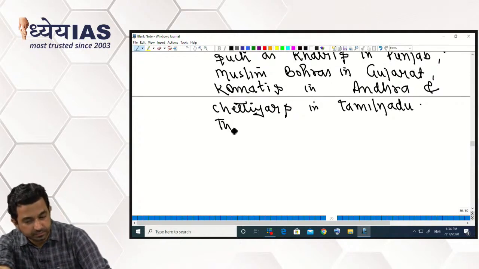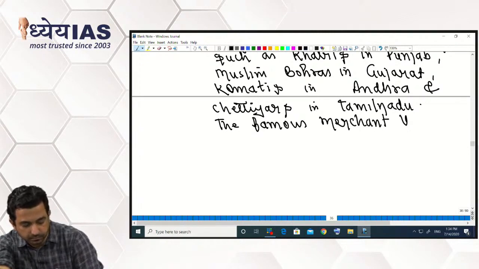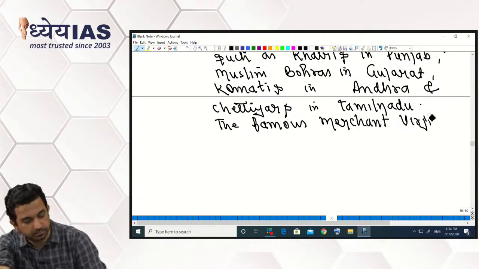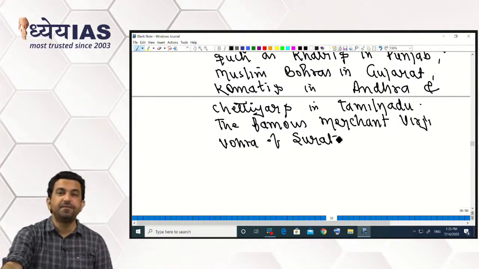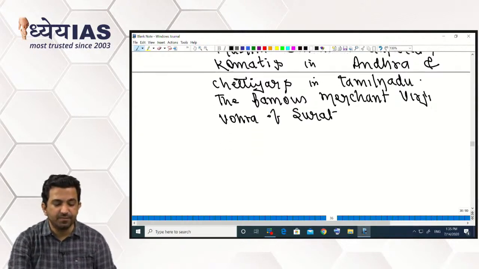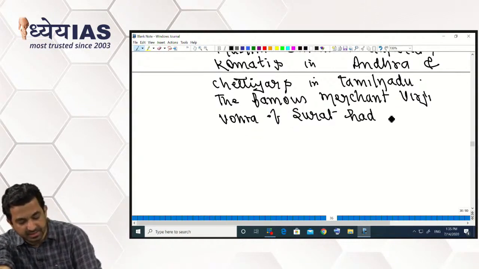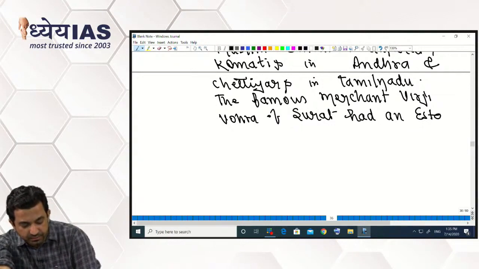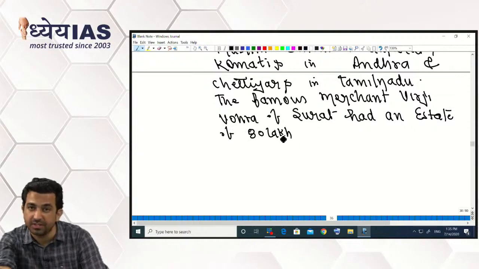Right, further. The famous merchant Veer Ji Vohra of Surat had an estate of 80 lakh rupees in silver coins in those days.